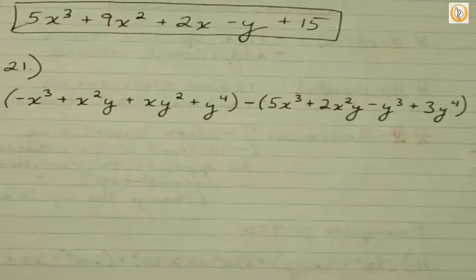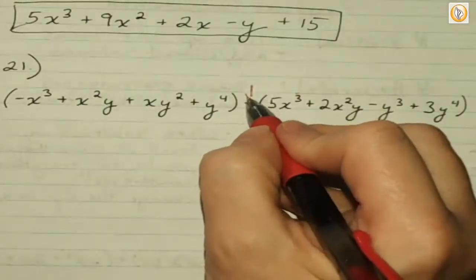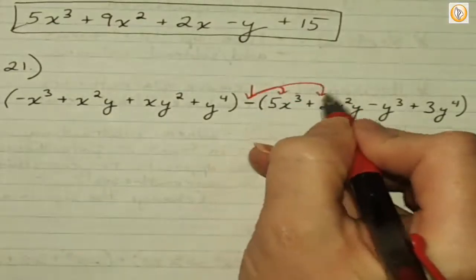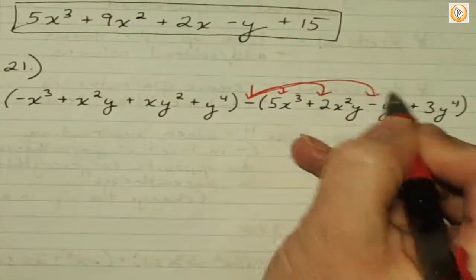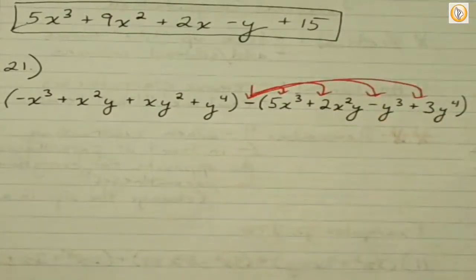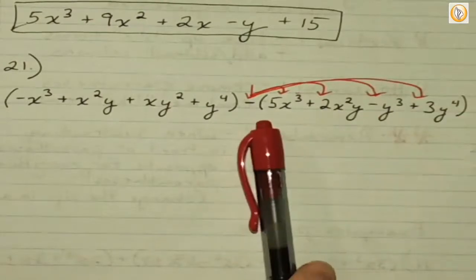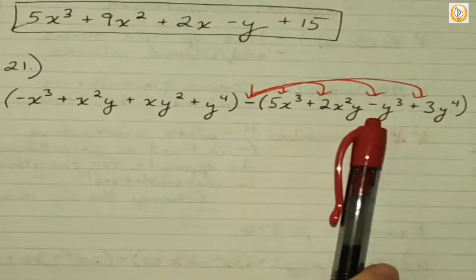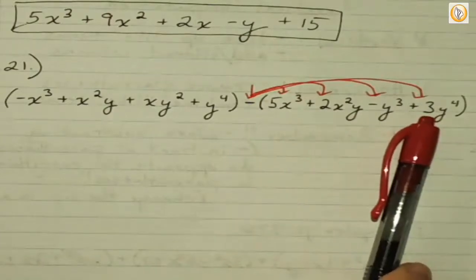Okay, what's the first thing we need to do on this one? Aiden? Distribute the negative signs. That's right. We have a negative sign here, so we've got to distribute that to each of these. That becomes negative 5x cubed. That becomes negative, that becomes positive, and that becomes negative.